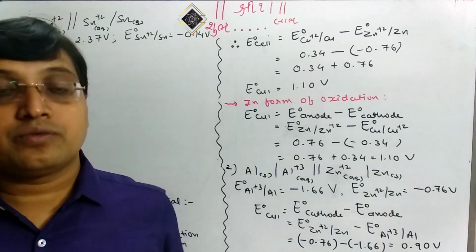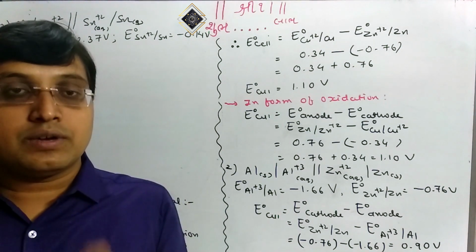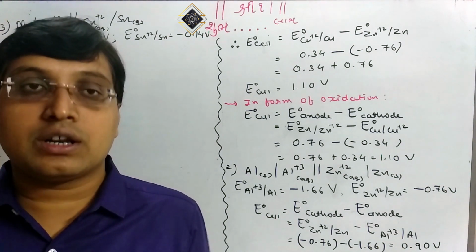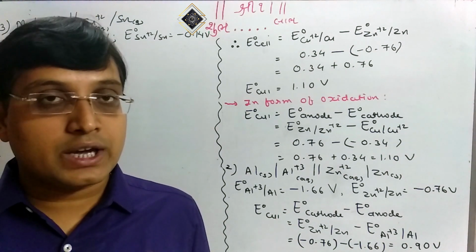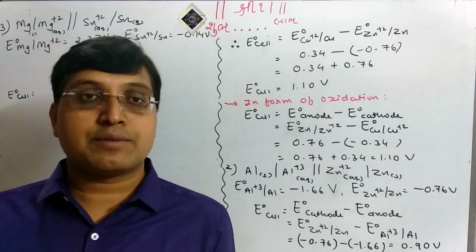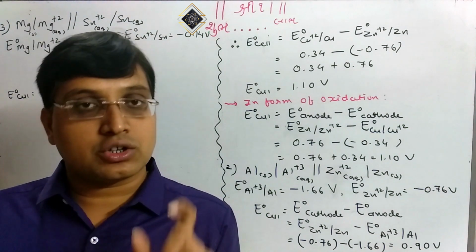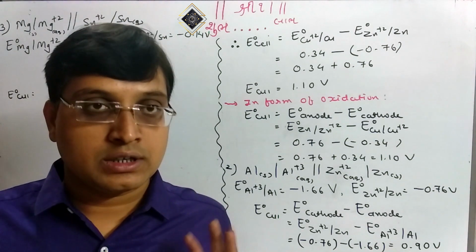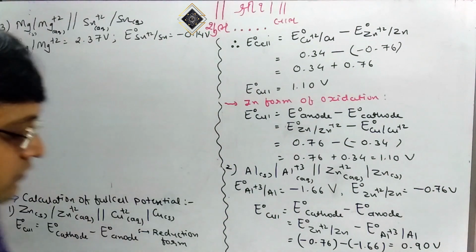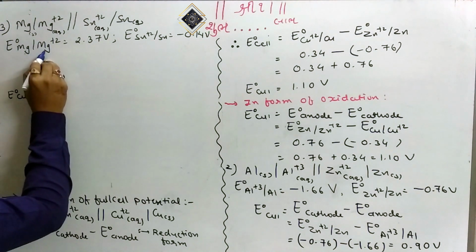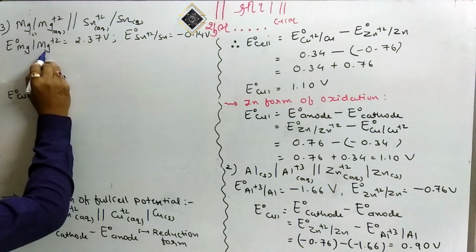As I told you, first identify in which form the given cell potential is, oxidation or reduction. To calculate the cell potential, both half cell potentials are required to be in the same form, either oxidation or reduction. Now everyone give attention. Mg oxidation number is 0, converting to Mg+2, oxidation number is +2.